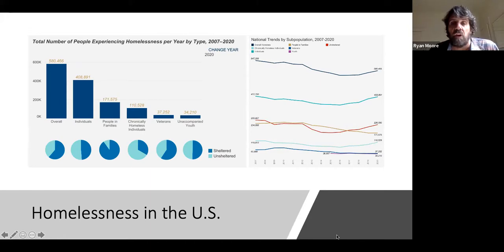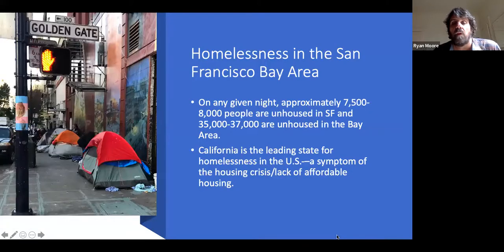So this is, like I said, the most extreme and most visible manifestation of poverty that we see in the United States right now, and especially in California and the Bay Area. In San Francisco, on any given night, there's approximately 7,000 to 8,000 people who are unhoused in the city.